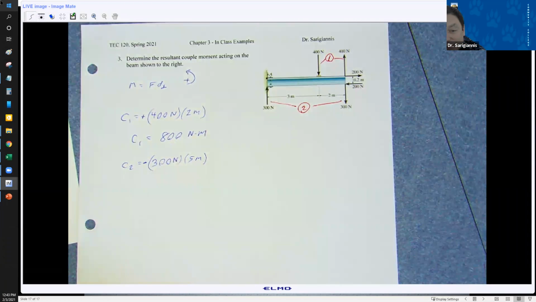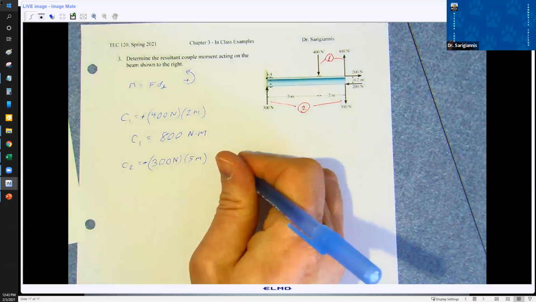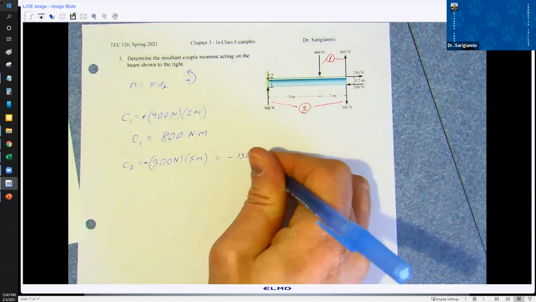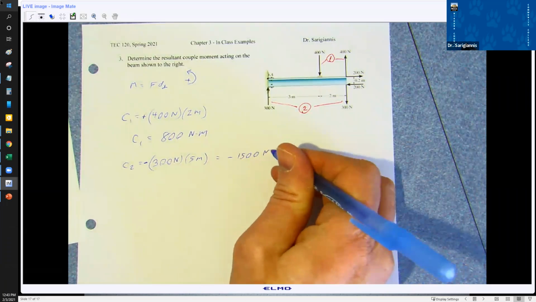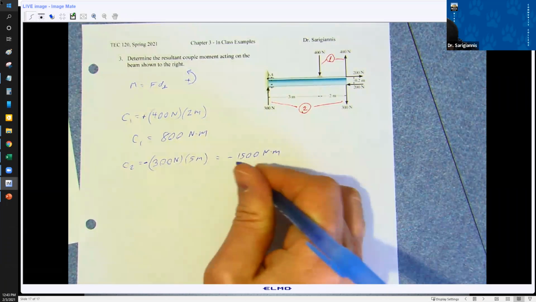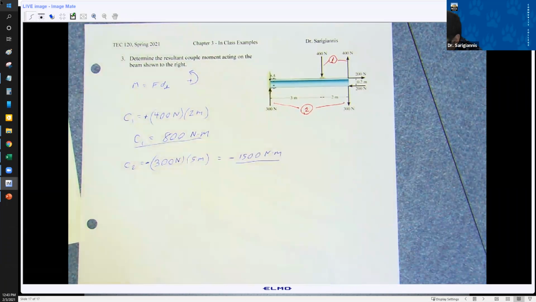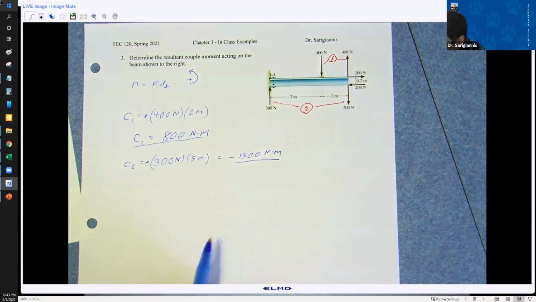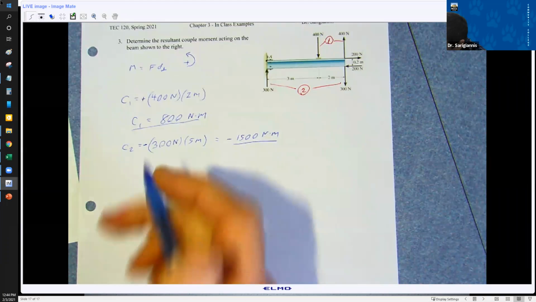I'm going to put that negative sign in there. So C2 is equal to a negative 1,500 Newton meters. That's a clockwise rotation.